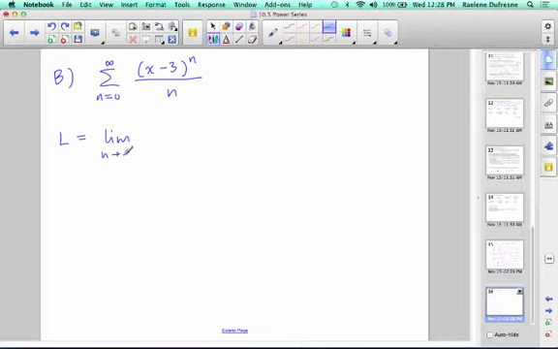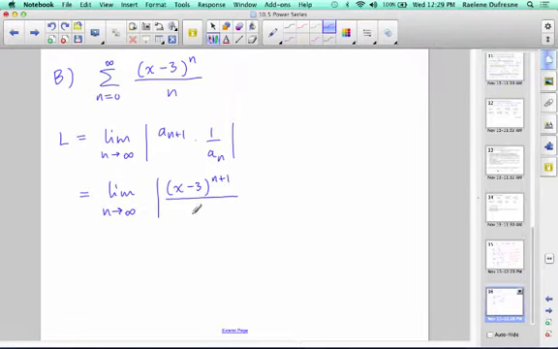And the limit as n approaches infinity of the absolute value of a_(n+1) times 1 over a_n is going to give the limit as n approaches infinity of (x minus 3)^(n+1) all over n plus 1 multiplied by the reciprocal of a_n, which is going to be n over (x minus 3)^n.